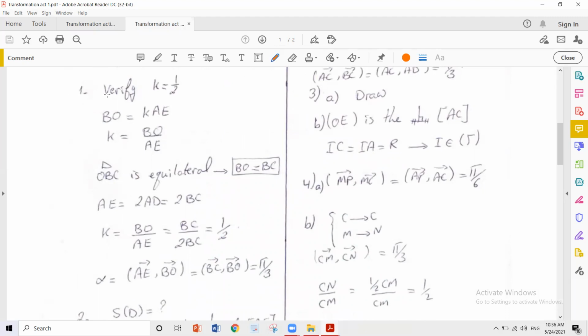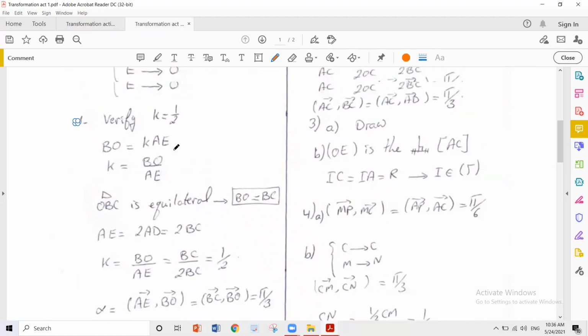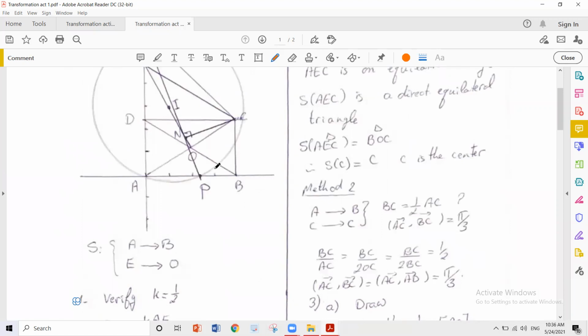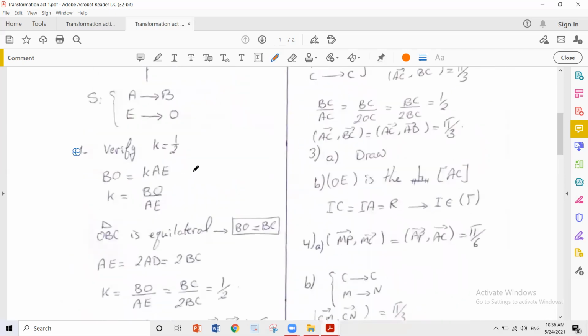Now to verify K equals half, I can say BO equals K times AE, K equals BO over AE. OBC is an equilateral triangle, so instead of OB I can put BC.